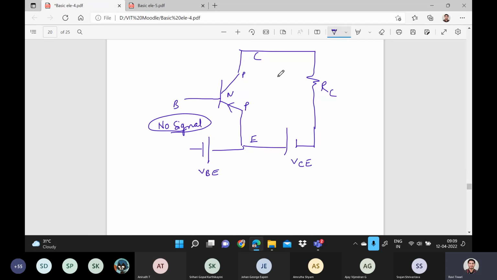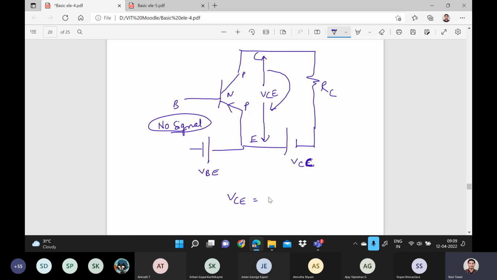But we can find out the value of the external output equation from here. This is VCC, and the voltage across the collector and emitter, you find out, is VCE.